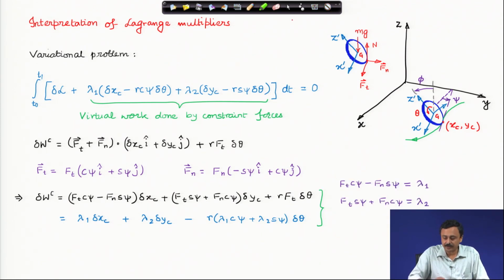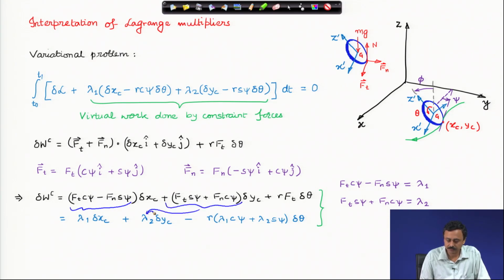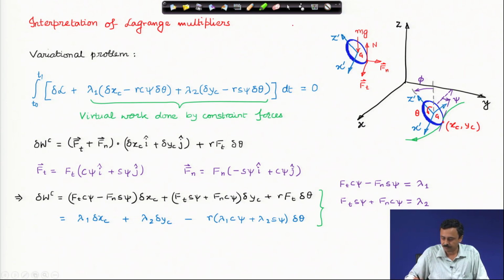Therefore, I can compare and write down these two expressions. Lambda 1 must be this, lambda 2 must be this, and r times Ft must be this. Therefore, I have lambda 1 as this expression, lambda 2 expression, all these things.